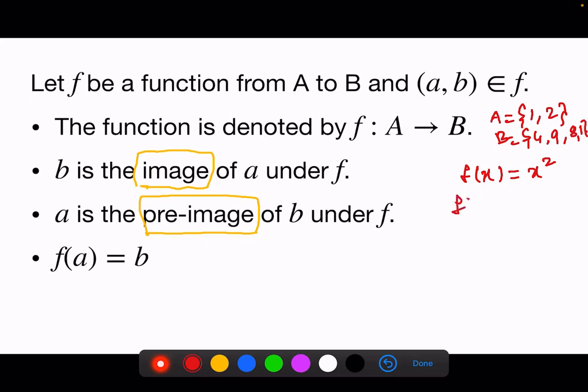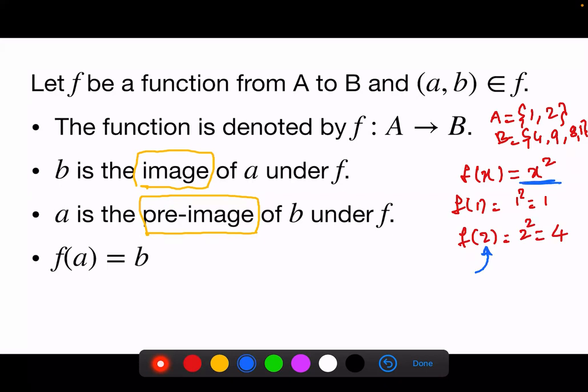Then you write f of 1 as 1 square, which is 1, and f of 2 as 2 square, which is 4. You have that bracket, and whatever input you're providing, you put it there, and then it does what it has to do. If it has to square, it will square. It depends on the function definition, so this can vary. I think this is clear, right?